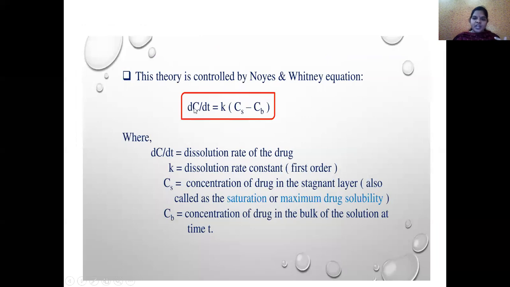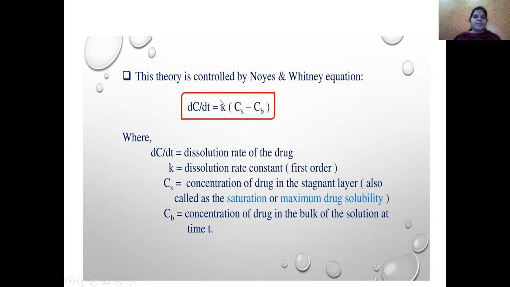This theory is controlled by the Noyes-Whitney equation, that is dC/dt = K(Cs - Cb). S stands for stagnant layer, B stands for bulk of the solution: the concentration of drug at the stagnant layer and the concentration of drug in the bulk of the solution.